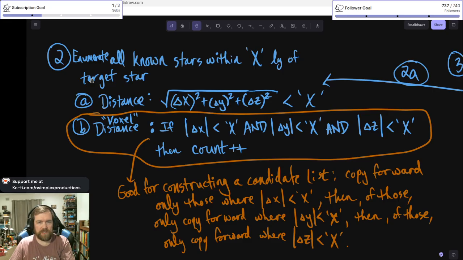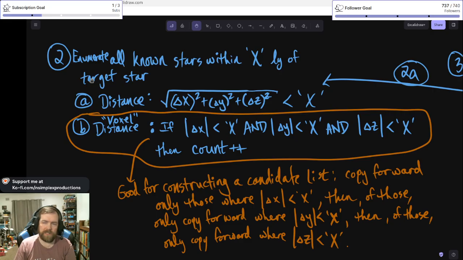Our distance can be done with the standard distance formula, and then we count if the proper distance is less than that particular x to that target star. Or we could go with a voxel distance and say, okay, let's take all of the stars within x distance in the x direction and the y direction and the z direction, and then just count from there.